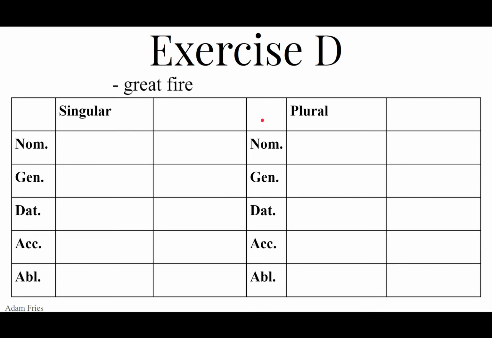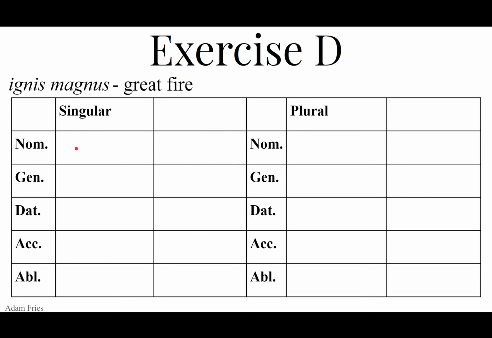Great fire. A great fire. Fire being the noun, ignis, ignis, masculine. Great is the adjective, magnus, -a, -um, and if ignis is masculine, we want the masculine -us, so magnus. Ignis magnus, a great fire. Ignis goes here, magnus goes here.